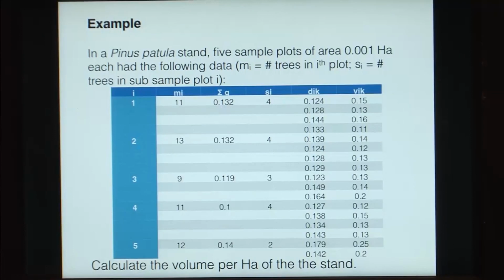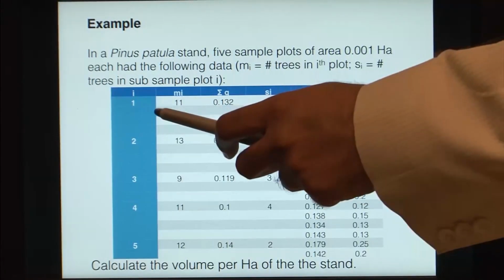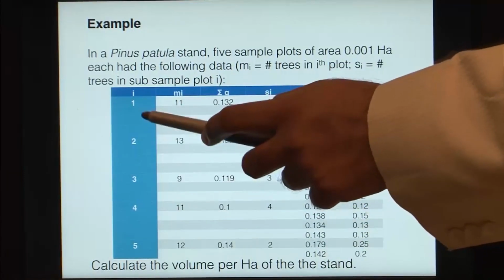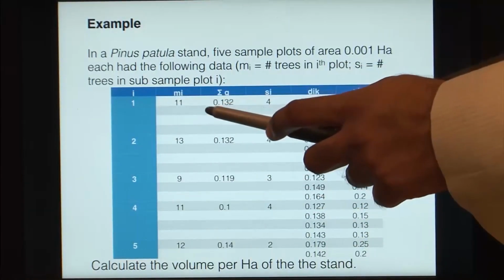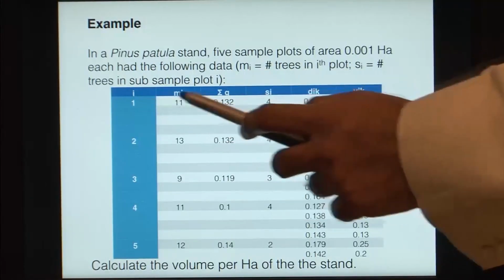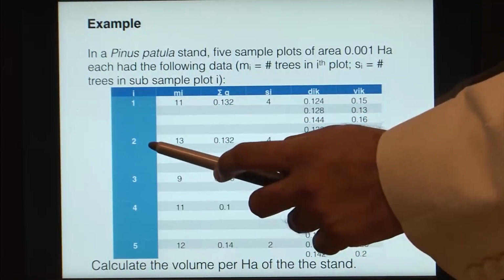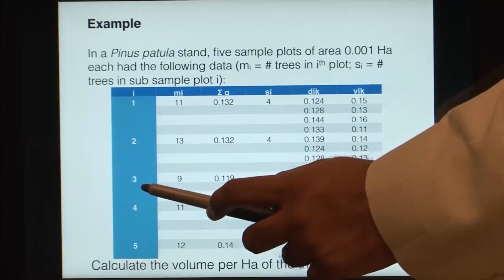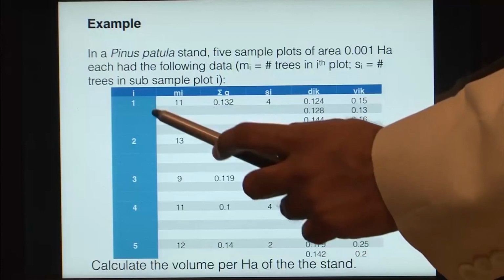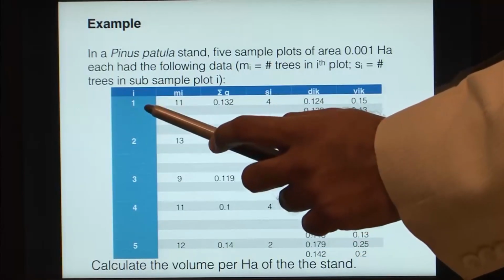So, here we have 5 sample plots 1, 2, 3, 4 and 5. In each sample plot, Mi is the number of trees in the ith sample plot. In the first sample plot we have 11 trees, in the second sample plot we have 13 trees, in the third sample plot we have 9 trees and so on. This tells us the number of trees in this sample plot.